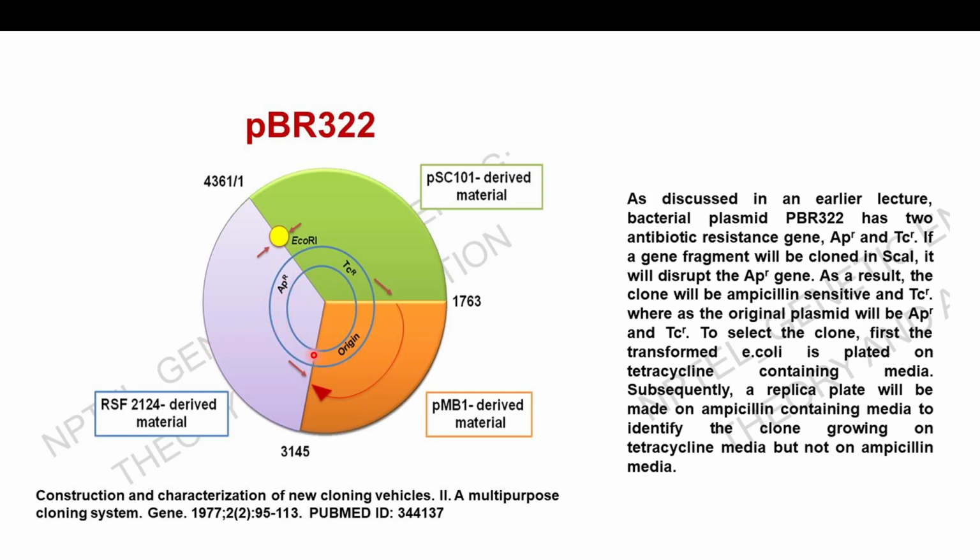If the gene had been inserted here, the functionality would have been disrupted, and the ampicillin would have killed the cells which harbor the insert. So this is what is called insertional inactivation. You are basically inactivating or disrupting the antibiotic resistant gene here.